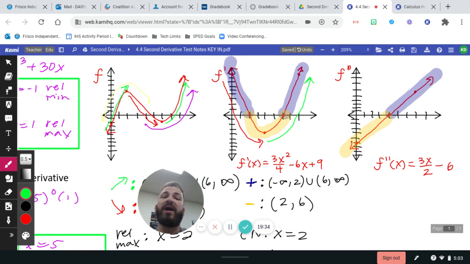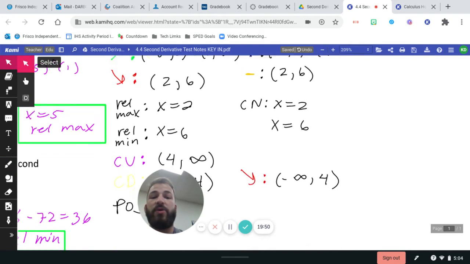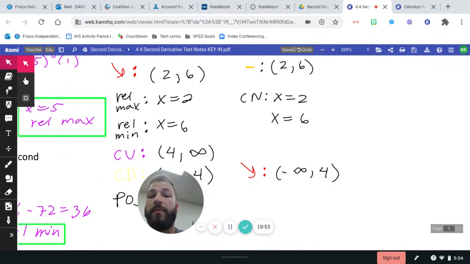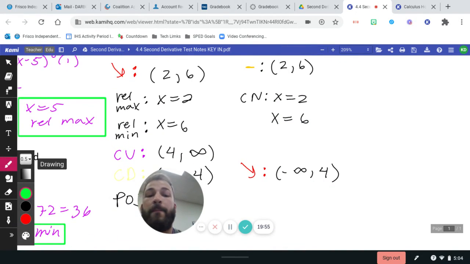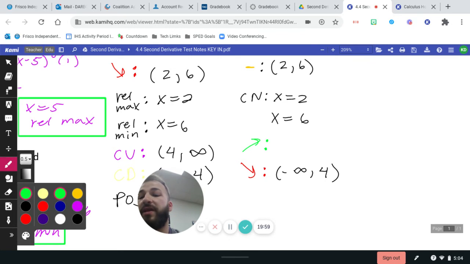So that positive increasing, negative decreasing lines up with F double prime and F prime, just like it lines up with F prime and F, which makes sense because F double prime is the first derivative of F prime. Okay, so adding that into our important information down here, we are increasing from 4 to infinity.